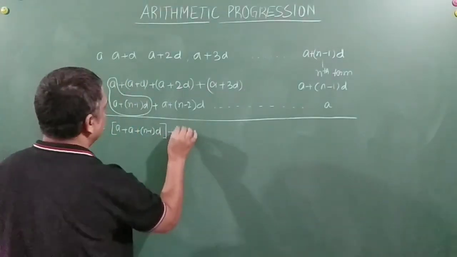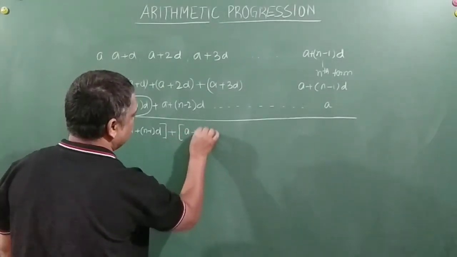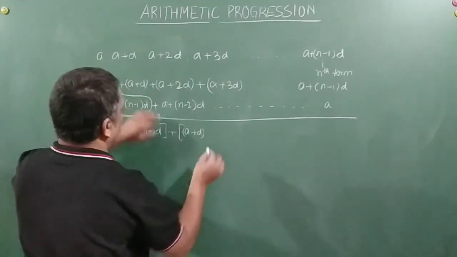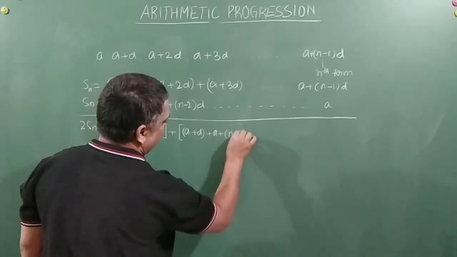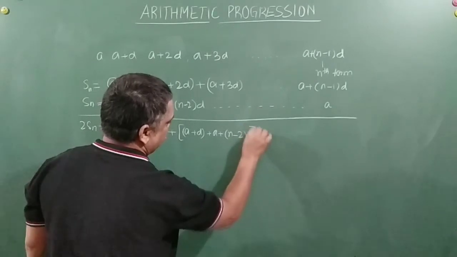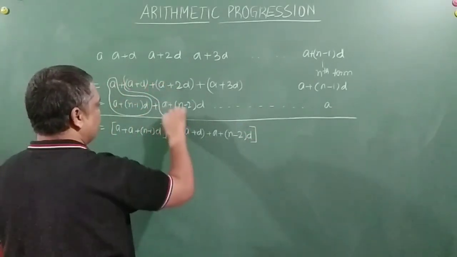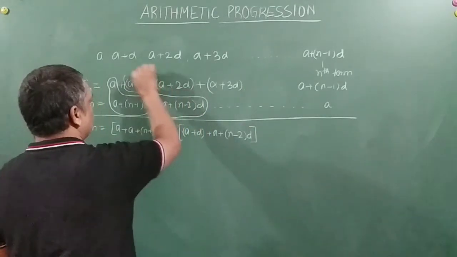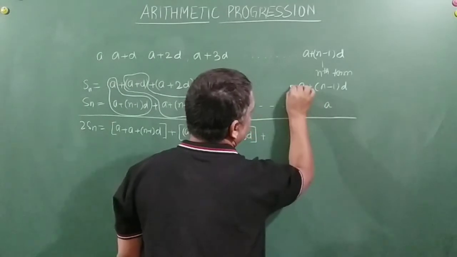Plus this becomes how much? I'll put a big bracket, A plus A plus n minus 2 D, right? What I have done here is that I have basically added these two, okay, plus so on and so forth.